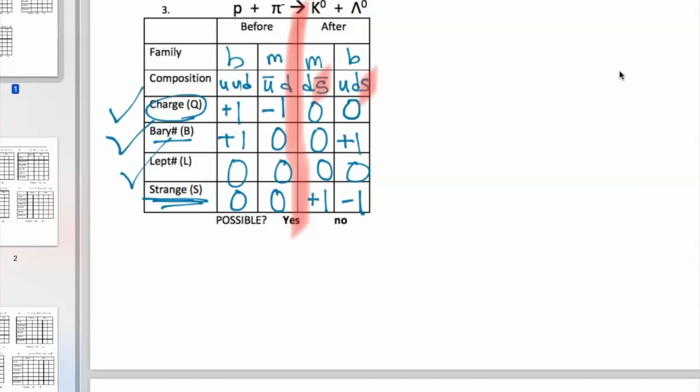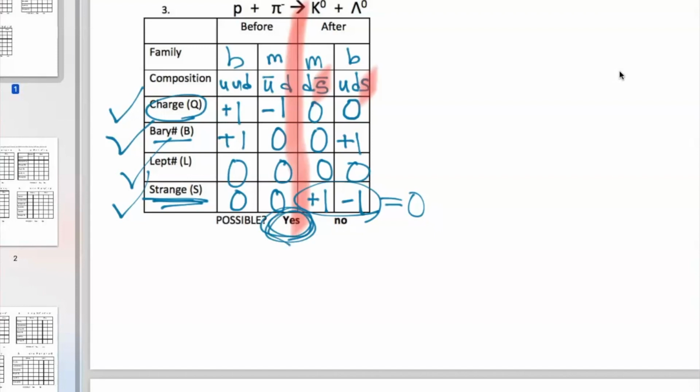Cool. So that means if I look at strangeness, +1 - 1 actually equals 0. 0 and 0 also equals 0. So strangeness is also conserved, and this reaction is indeed possible.